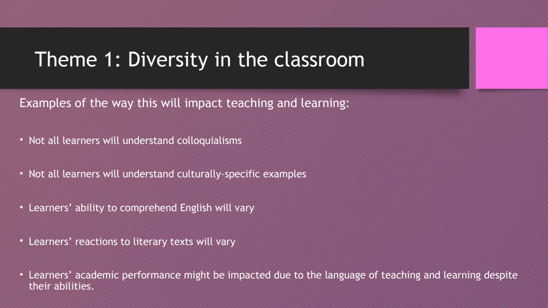So we aren't necessarily marking them on whether they agree with what the author wrote or not. We are looking at their reasoning and evaluating the strength of their reasoning. Can be quite difficult sometimes if we have strong opinions ourselves, but as educators, it is our job to put aside our prejudices and our views and read and understand and listen to our learners' reactions from a place of neutrality.